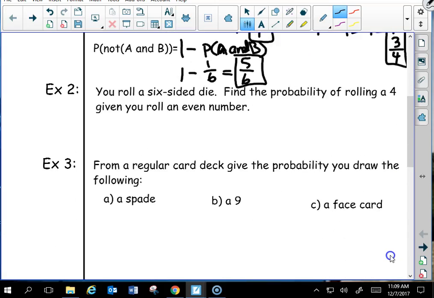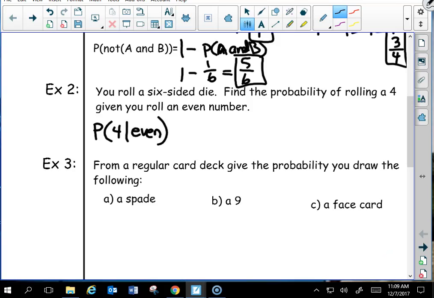On to some, now I'm not sure how much of these needed to be covered. I'm covering the cards because, you know, cards, I don't know if you know how they work. But let's look at this one. You roll a 6-sided die, find the probability of rolling a 4 given you roll an even number. So probability we roll a 4 given the number we rolled was even.